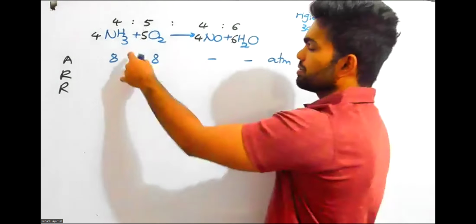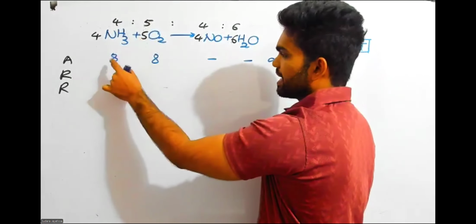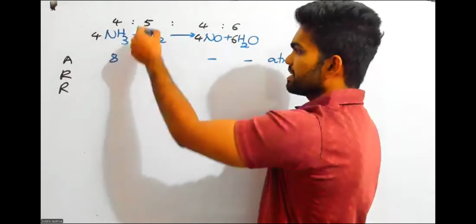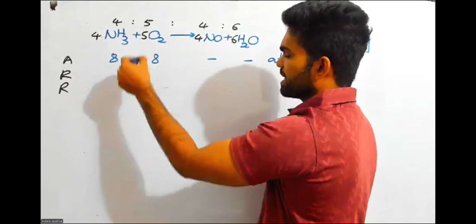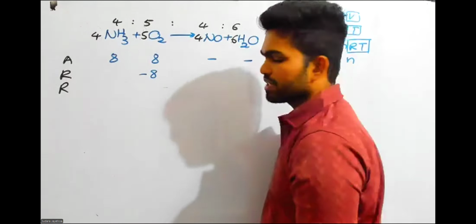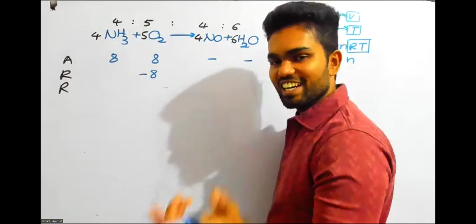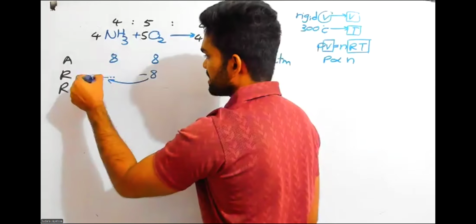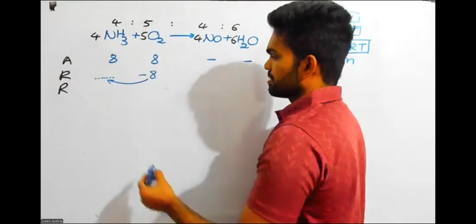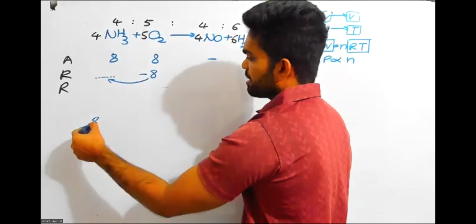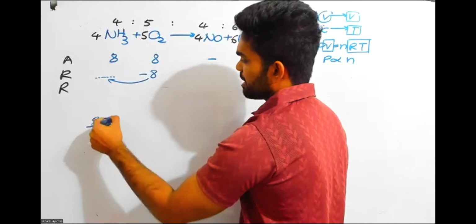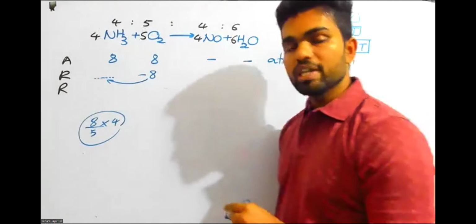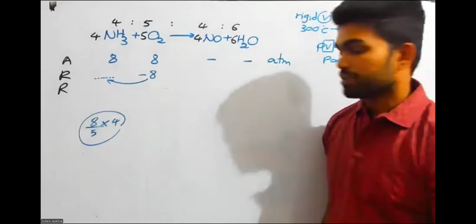So anyway, it is a 4:5 ratio. Now 8 and 8 are added, so you can see this is the one that is fully consumed. The total 8 atm of this one will react with this one. How do we find how much of this will react? The method I told you is divide by its own stoichiometry and multiply by the required stoichiometry. Divide by its own stoichiometry 5, multiply by the required stoichiometry 4.